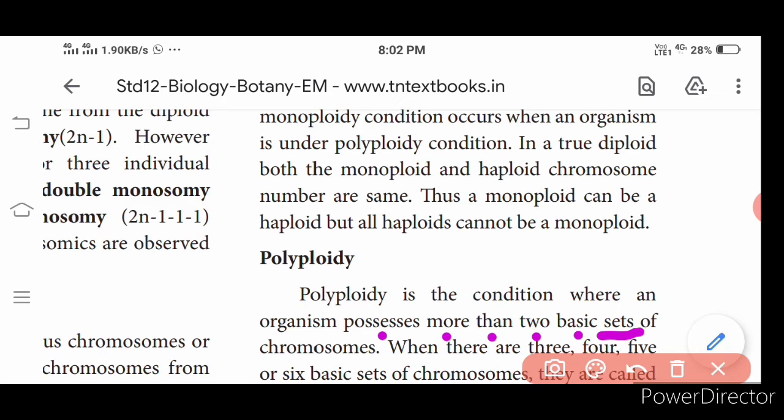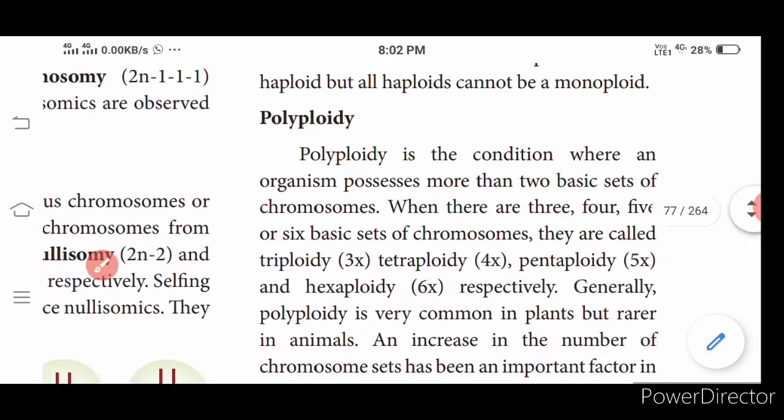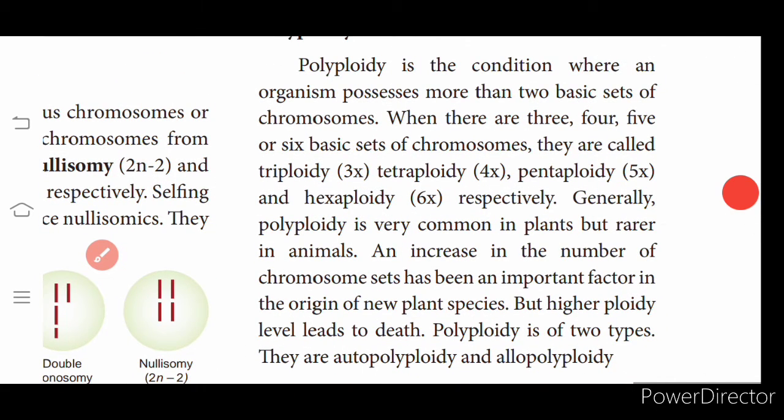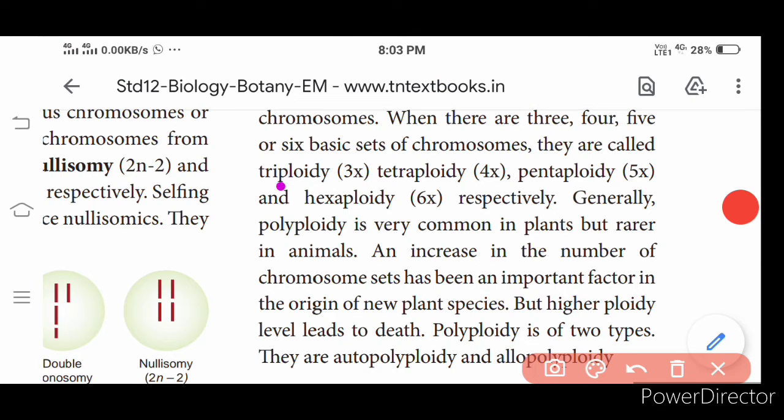There is a difference between sets of chromosomes and a chromosome. When there are 3, 4, 5, or 6 basic sets of chromosomes, they are called triploidy, tetraploidy, pentaploidy, hexaploidy. Okay, so polyploidy is very common in plants, but it is very rare in animals.